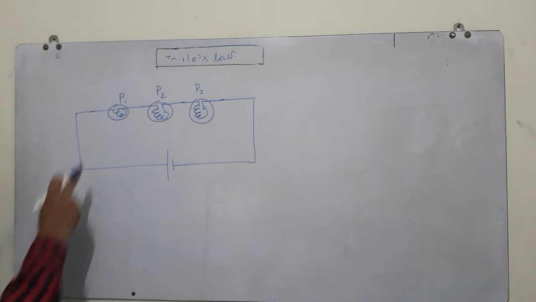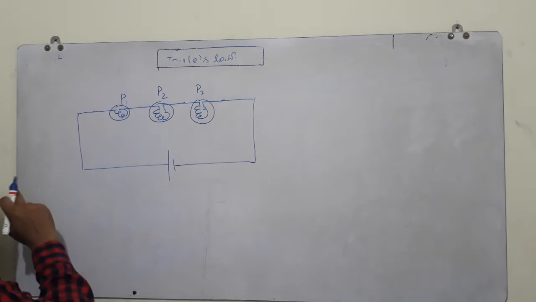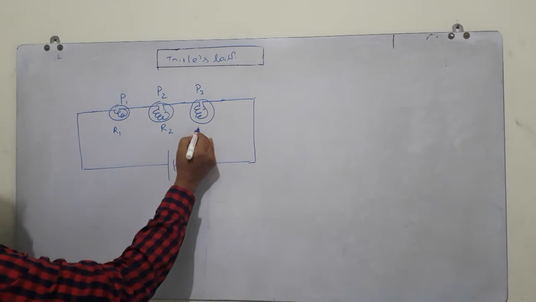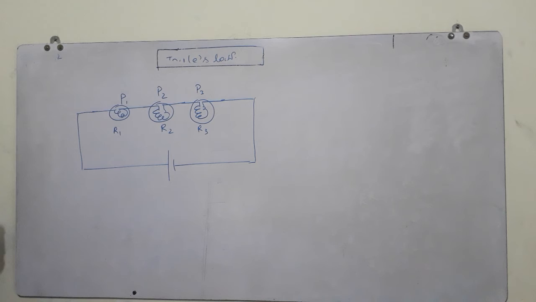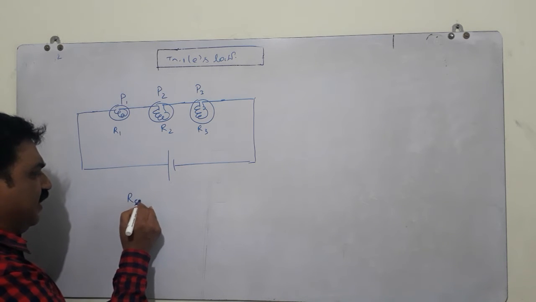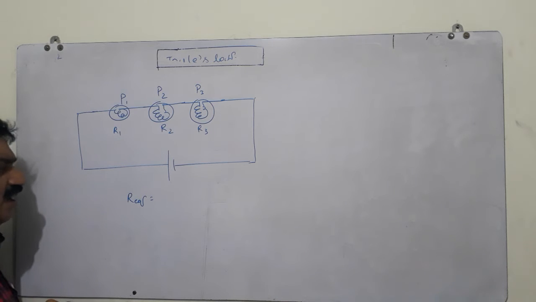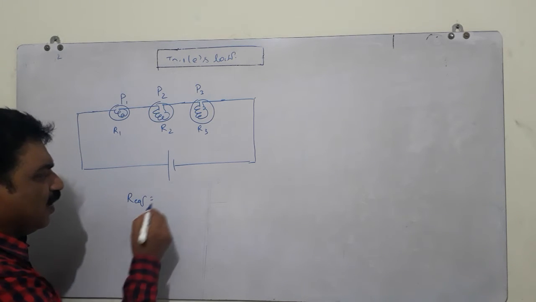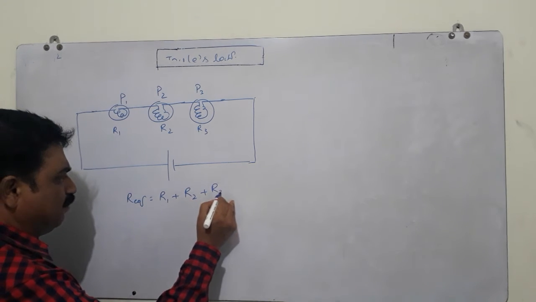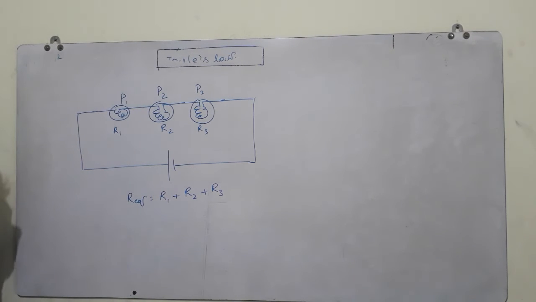If the bulbs are connected which have resistances R1, R2, R3 and so on, in such a combination the effective or equivalent resistance is R equivalent equals R1 plus R2 plus R3 plus so on.